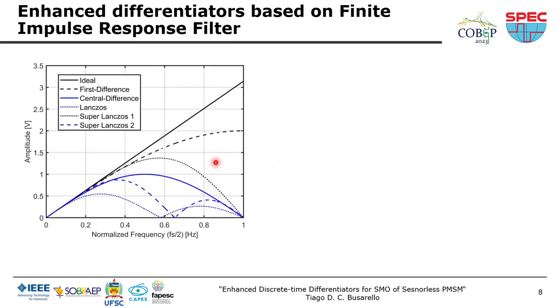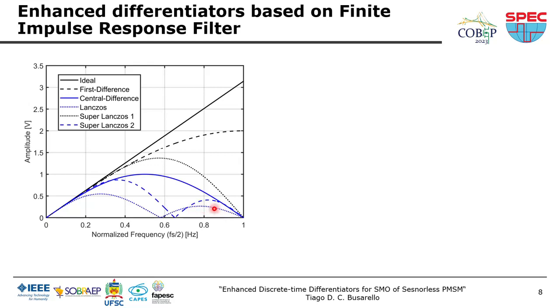And this chart now shows our proposed differentiators together with what I showed in the previous slide. We have the ideal differentiator, the first difference differentiator, and all of these are our proposed differentiators. We're going to see that we have a low noise amplification in this region.